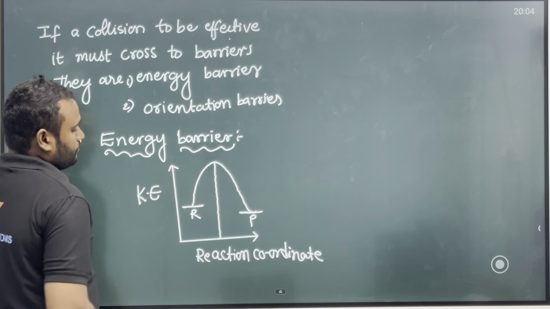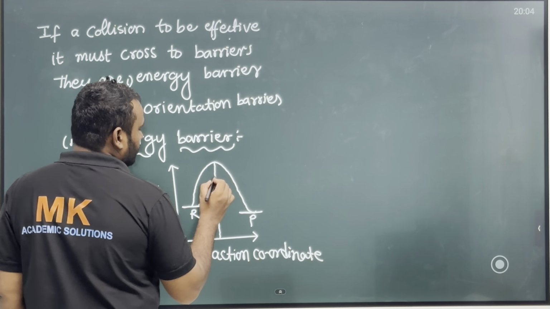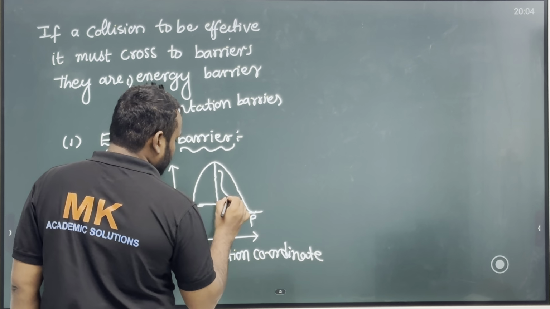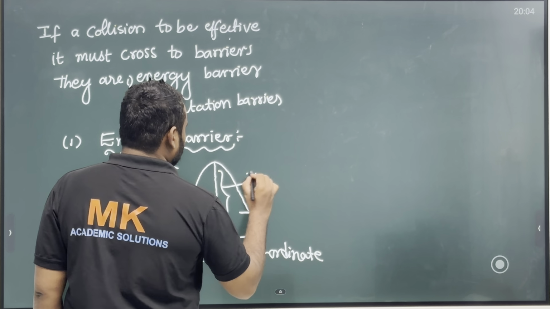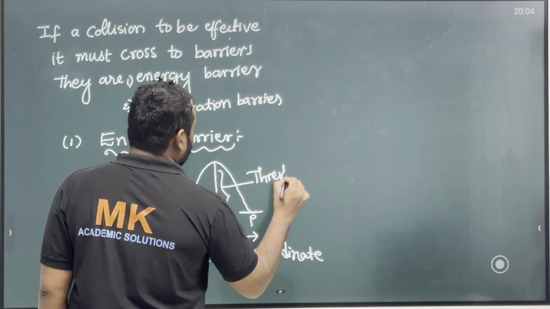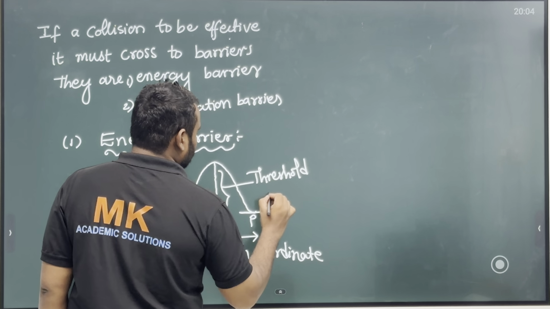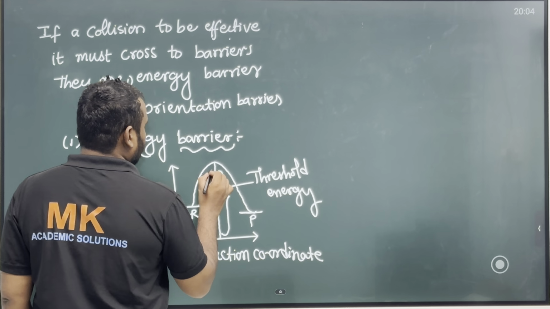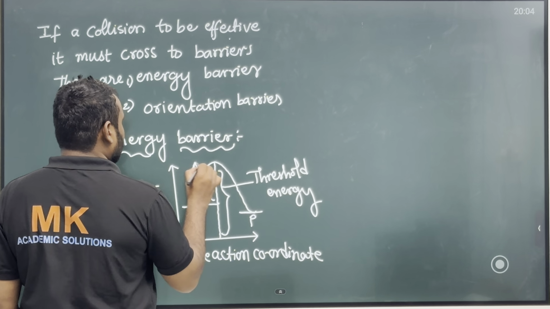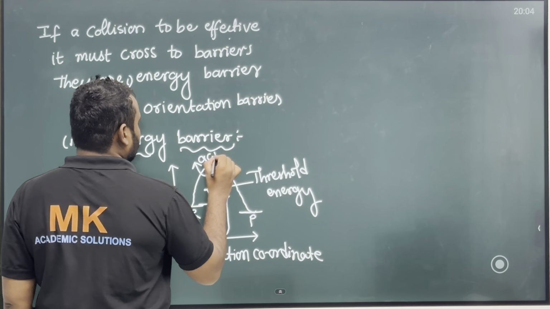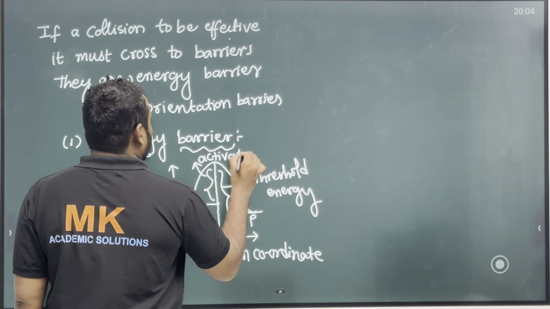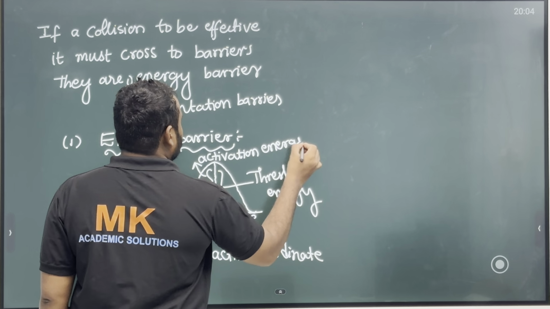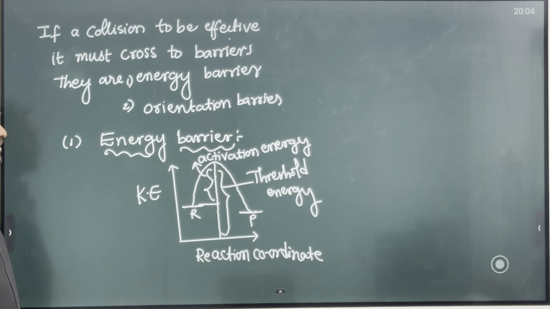From here to here it is known as activation energy, and this is known as threshold energy.